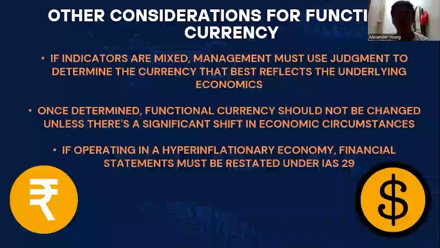Once determined, the functional currency should not be changed unless there is a significant shift in the economic situation. They will not necessarily change the currency because it's really complicated, unless the economic situation really requires them to change it.